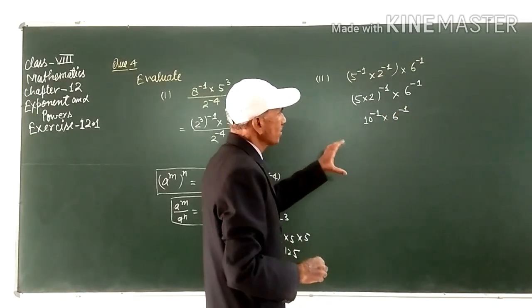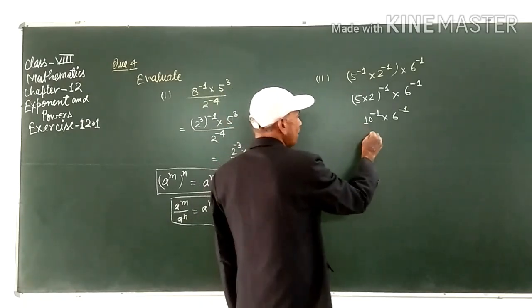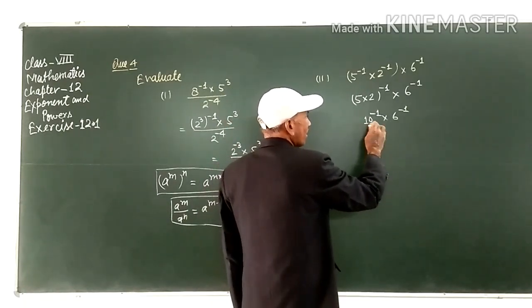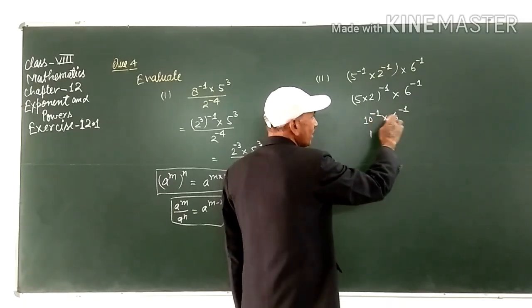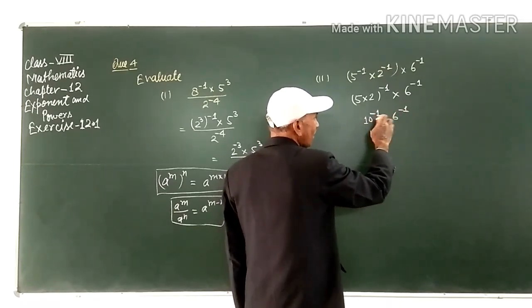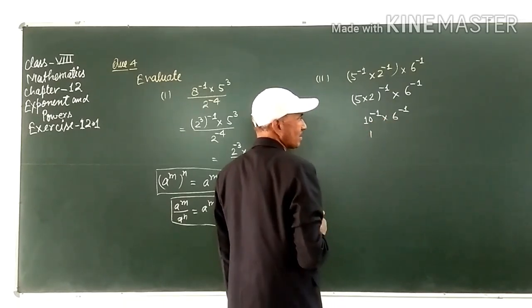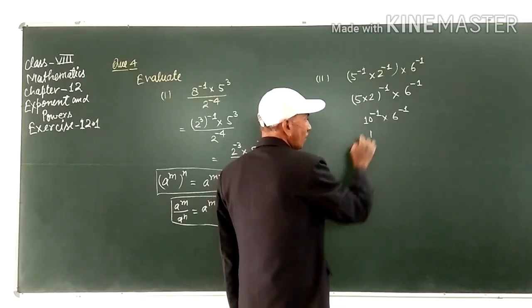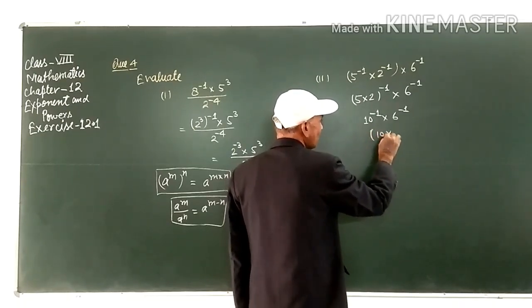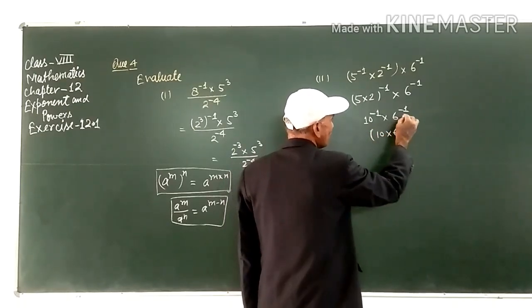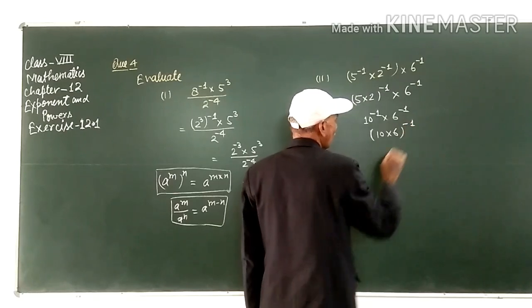Clear, students? Now, in this part of the question the powers are again equal but the bases are different. So we have to take this like this, 10 into 6 to the power minus 1.